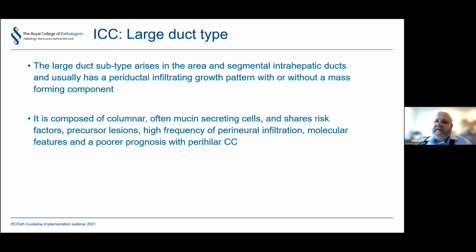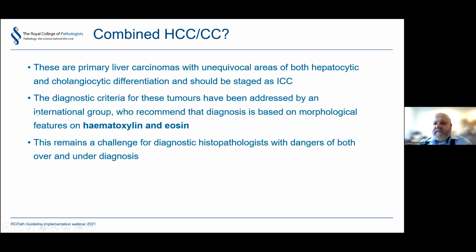So this is again an important clinical distinction, and on the whole it's quite straightforward. And a thing which rejoices me is that it can be done on an H&E. Not to say there are not important molecular and other differences.